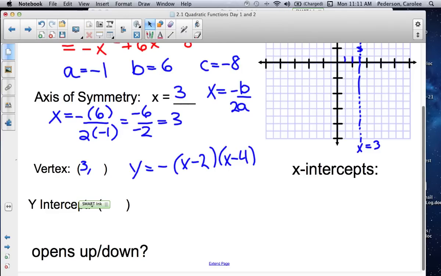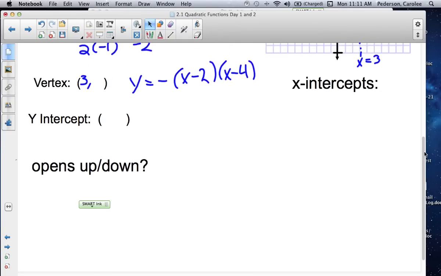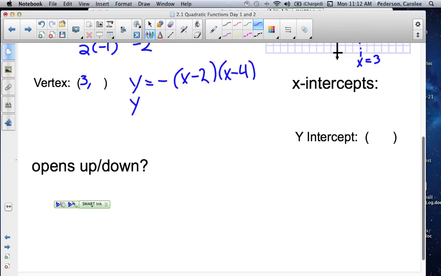Now I'm going to substitute 3 into each of those x places. So 3 minus 2, 3 minus 4.